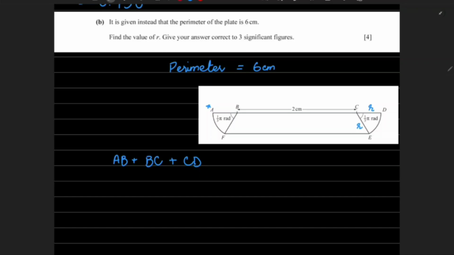This is R. We don't need the internal, so just take this R. So AB is also R and CD is also R, and then plus arc length DE, plus EF length, and finally plus arc length FA.